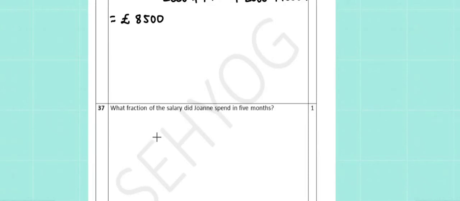So for the fraction out of the salary, we will find the total salary first. So that is 32 coins for 5 months, and multiplying it with the value of coins, that is 500 pounds, we get the total salary, that is 16,000 pounds.